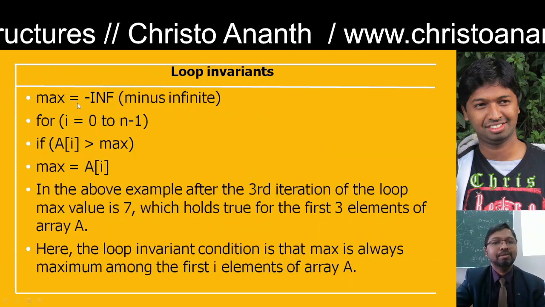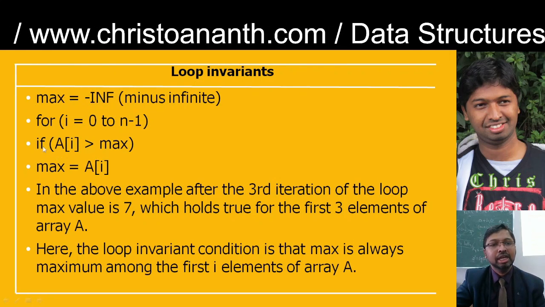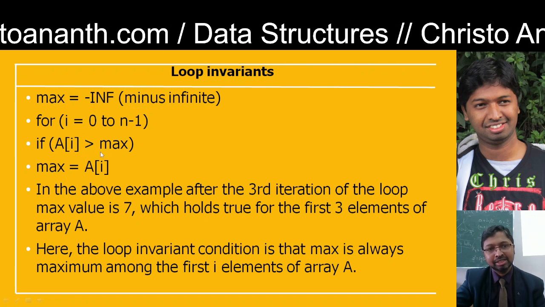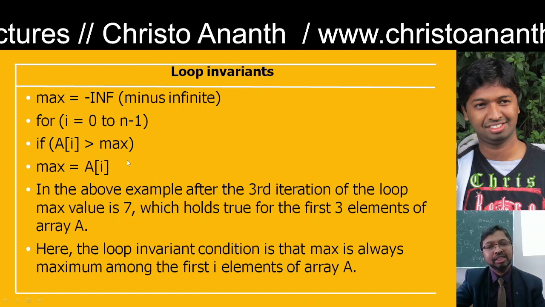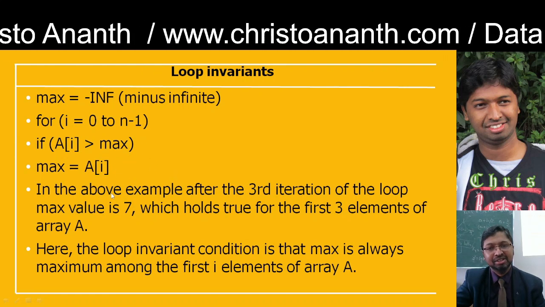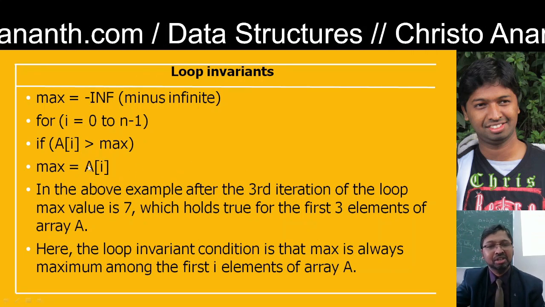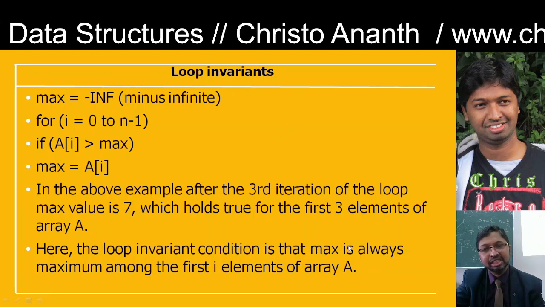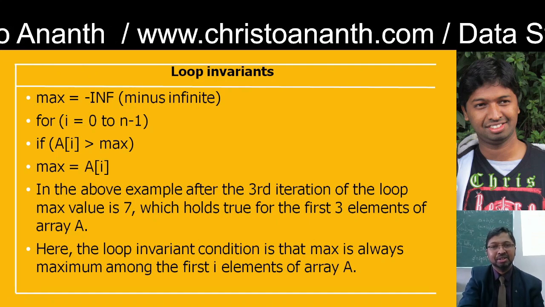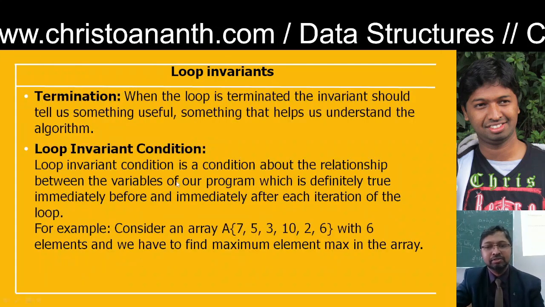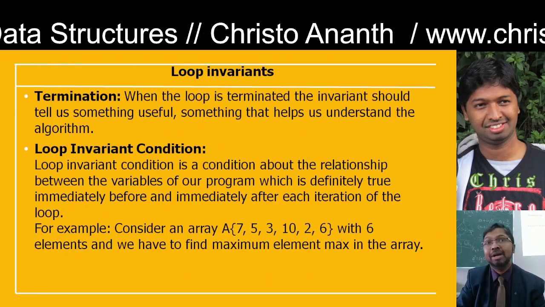So you have max = minus infinity, for i = 0 to n minus 1: if a[i] is greater than max, then max = a[i]. After the third iteration of the loop, the maximum value is 7, which holds true for the first 3 elements of the array. So here the loop invariant condition is that max is always the maximum element of the array seen so far. In this example, 7, 5, 3, 10, 2, 6, every element will go through, and 10 is the maximum element of the array.